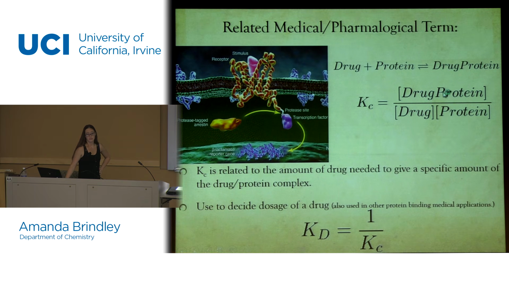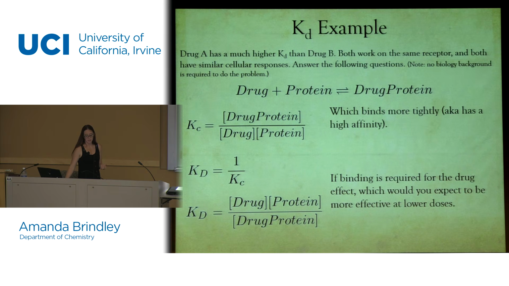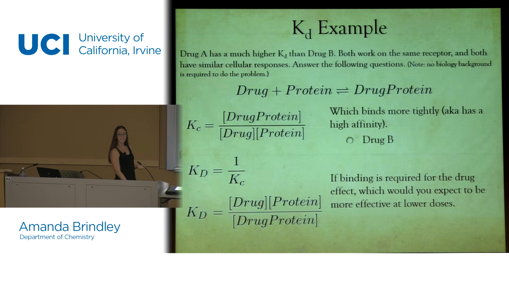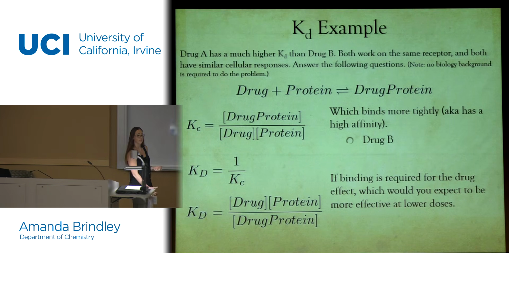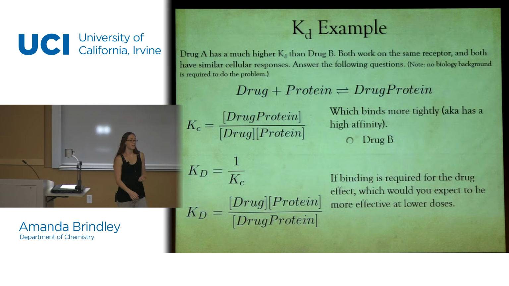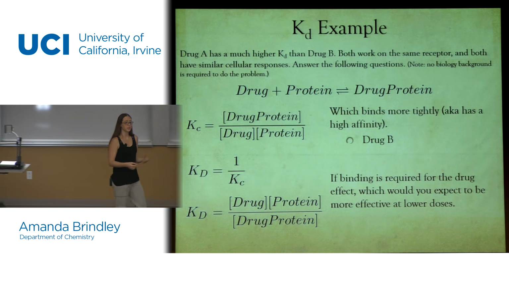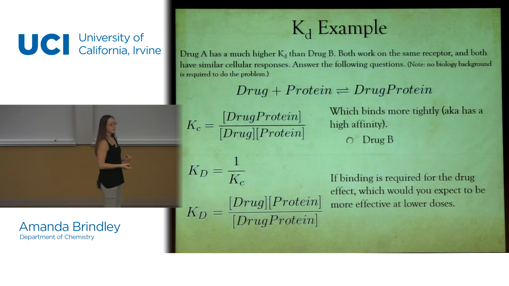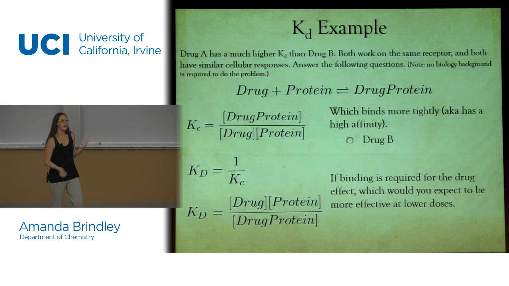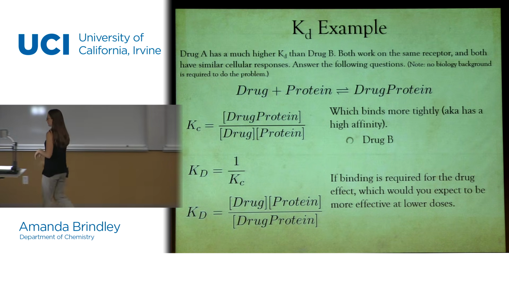So going back to this, if we have more products, what's going to happen to our Kc? It goes up. So what happens to our Kd? It goes down. So it's our low Kd, or our drug B, right? Now, if you end up in one of these fields where you're talking about Kd all the time, this would become second nature. But for now, we can use Kc as a nice in-between.